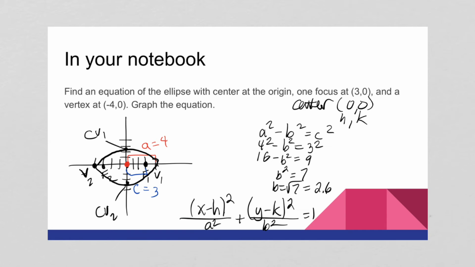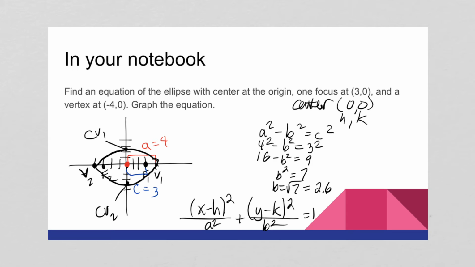All right, here's our first example. Find an equation of an ellipse with the center at the origin, one focus at (3, 0), and the vertex at (-4, 0). I already have everything done here, but let's talk about it. I decided to graph the three points right away. I got my center in red.